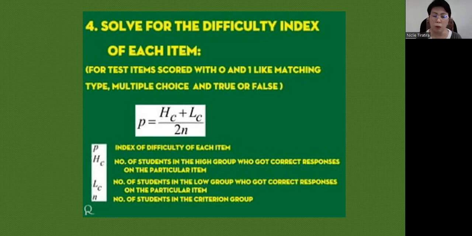If in the lower group there are 6 who got item number 1 correct, and there are 18 students in that lower group, the proportion is 6 over 18, which gives you 0.33. Now for the difficulty index, you have to add 0.83 plus 0.33 over 2.